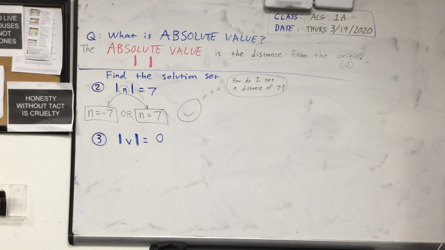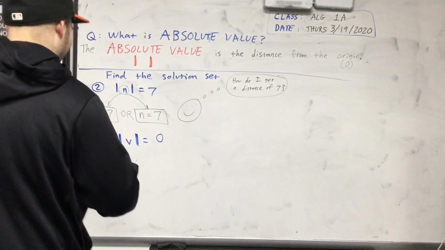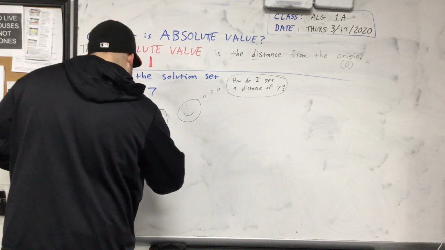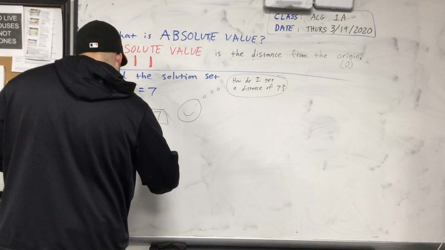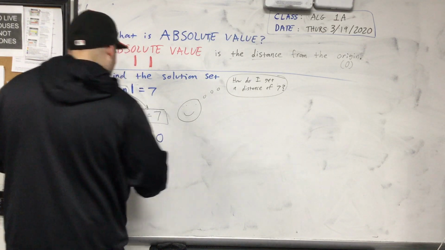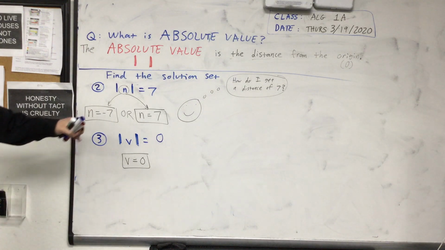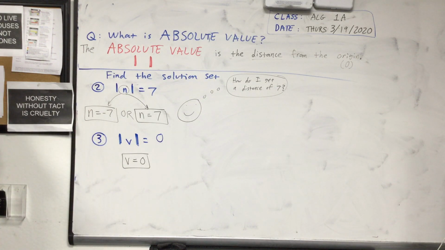Well, think about this with common sense. How do I get a distance of 0? Well, you don't go anywhere. How do I get a distance of 0? There's only one possible way. You don't go anywhere. If the bars equal 0, that means that there's only one way to do that. You go nowhere.